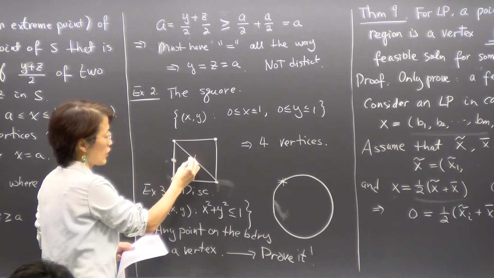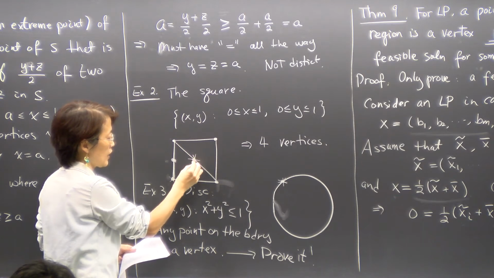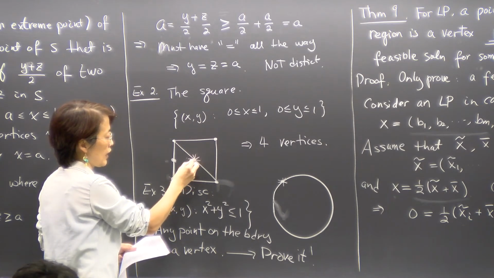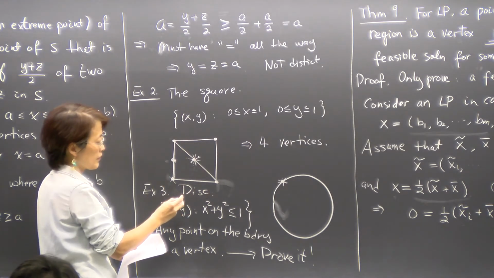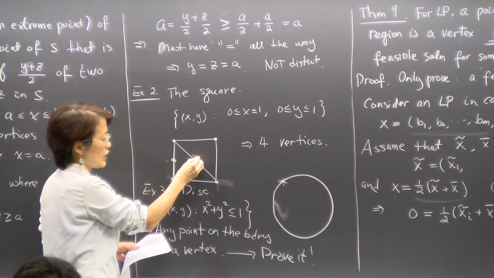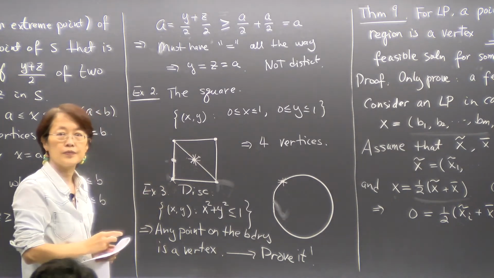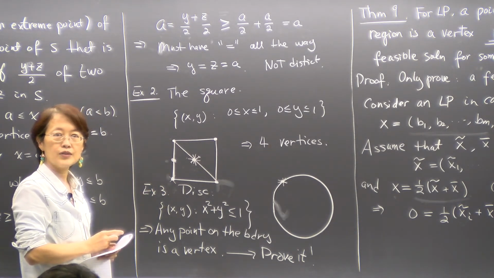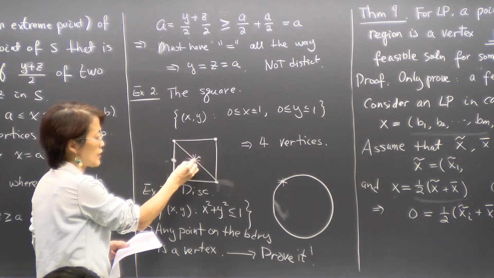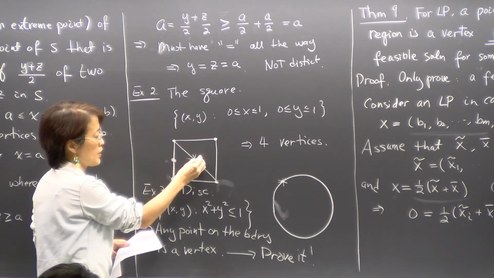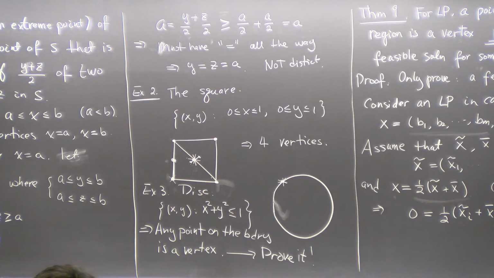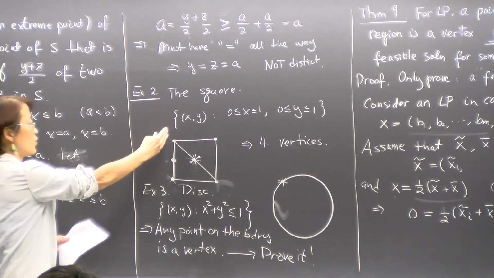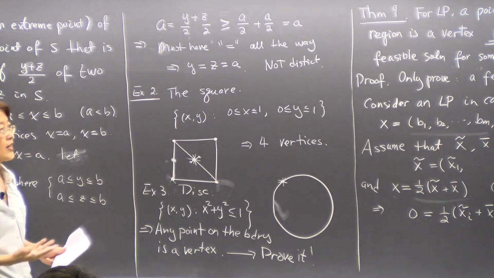You can draw any line segment, and you can have many of them not on the same line, for which this point is a midpoint. I can draw this line segment, and that's the midpoint of those two, and those two are not on my line segment. While this one, I say it's an edge.